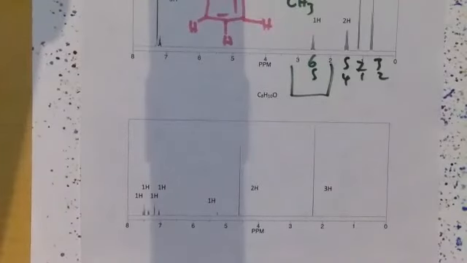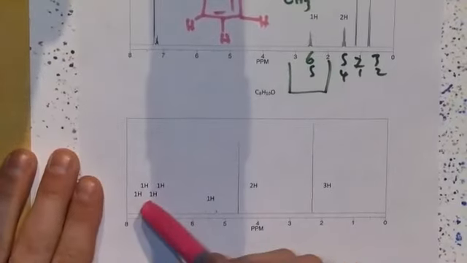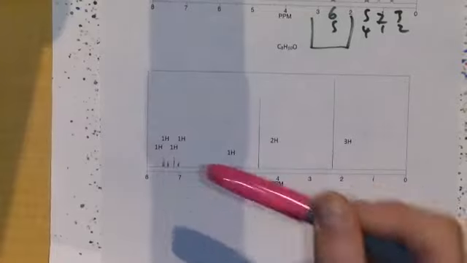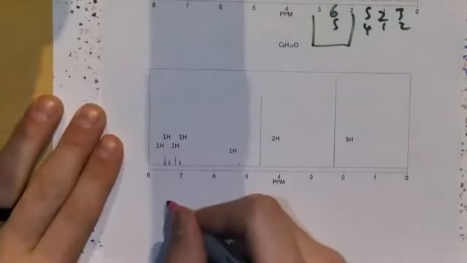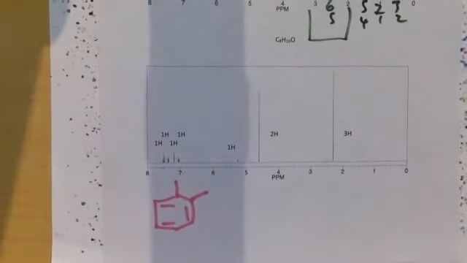Let's talk about this next one. Okay, so we have actually a discernible thing here. So this is a triplet, a doublet, a triplet, and a doublet here. And if this was an exam, I would tell you what those are because it's a little tough to see this one here. But taking a look at these, this is actually going to give us just this configuration.